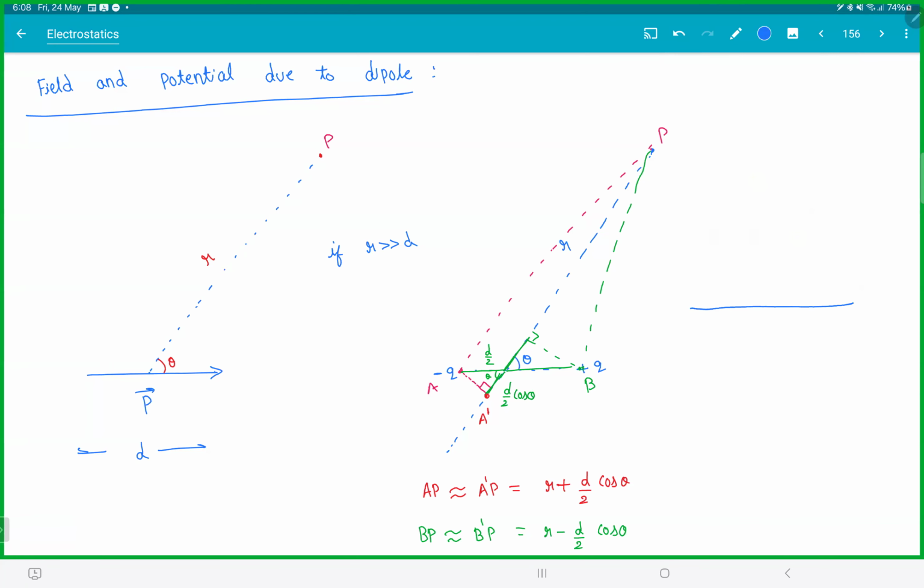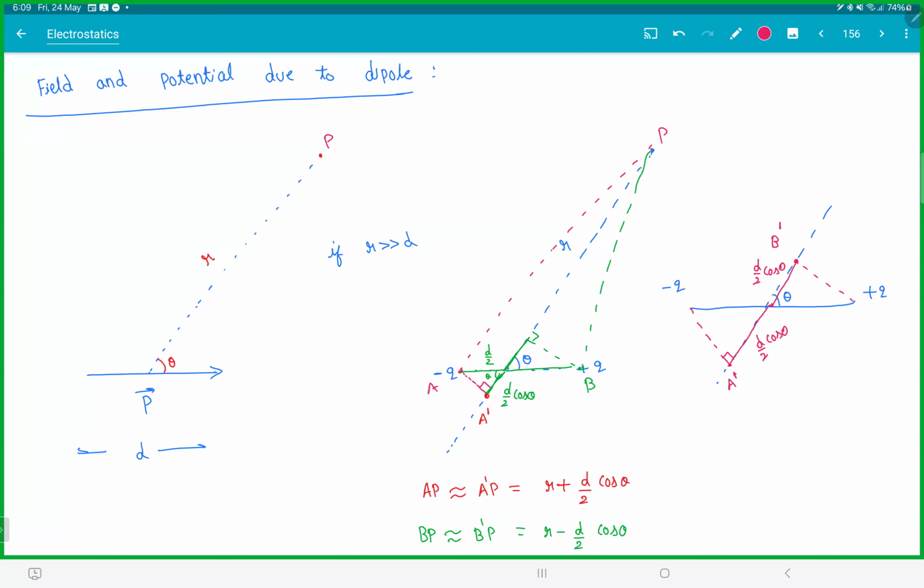So what you're doing is this. Plus Q, minus Q. This was the line. When you're dropping the perpendicular like this, the distance is d by 2 cos theta, and you're calling this point A dash. When you're dropping the perpendicular, this point you're calling B dash, and this distance is also d by 2 cos theta. From the center, the distance is r.